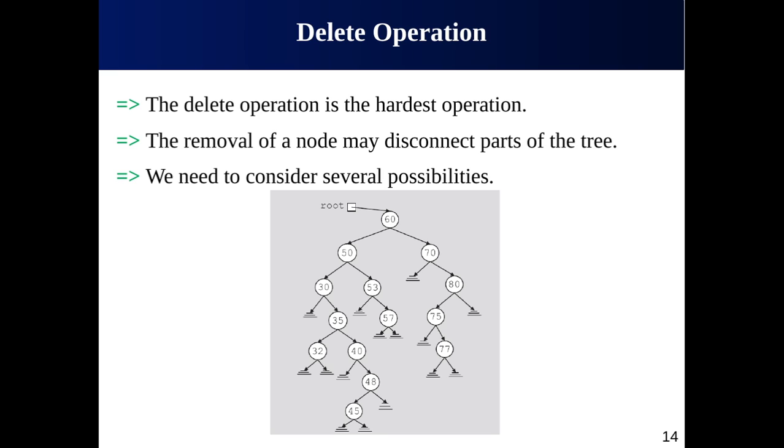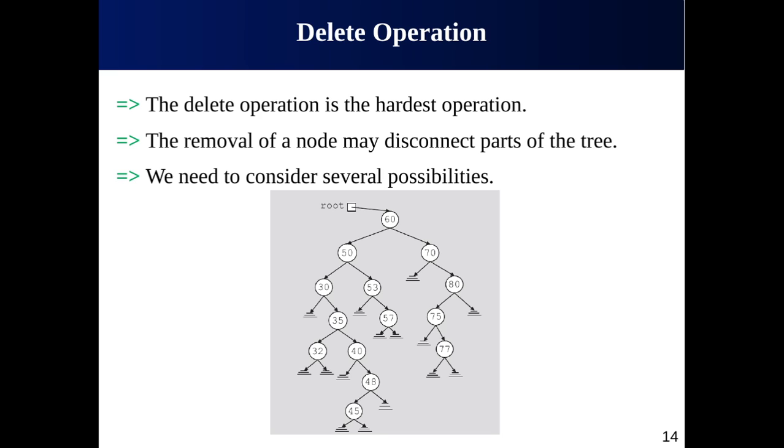Once we have found the node to be removed from the binary search tree, we need to consider several possibilities. In the delete operation, the problem is that the removal of a node from the tree may disconnect parts of the tree.